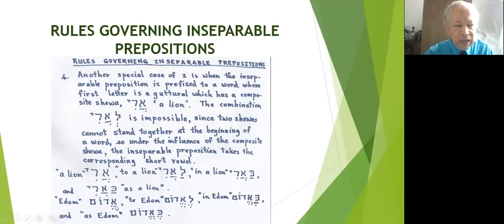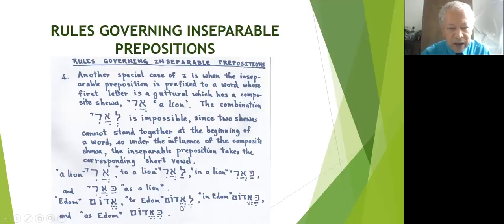Now notice something that happens with ethom or edom. When you have to edom, the same principle happens. The simple schwa is removed because two schwas cannot be together. The composite schwa remains, and instead of having a simple schwa under the inseparable preposition, it takes the same short vowel that is part of the composite schwa under the first guttural consonant of the noun.